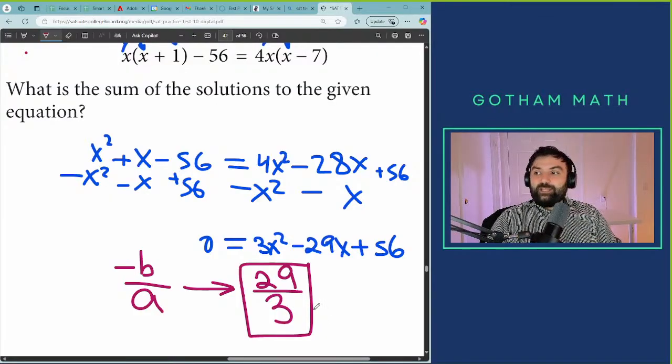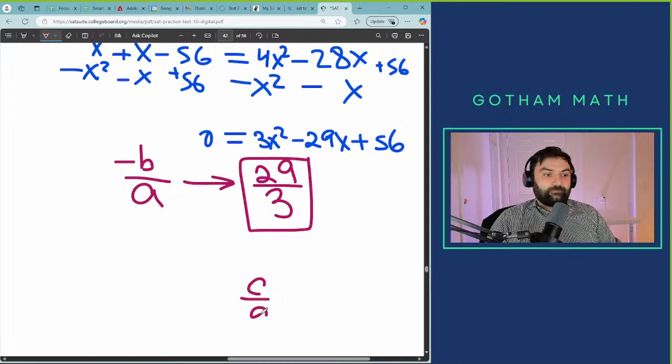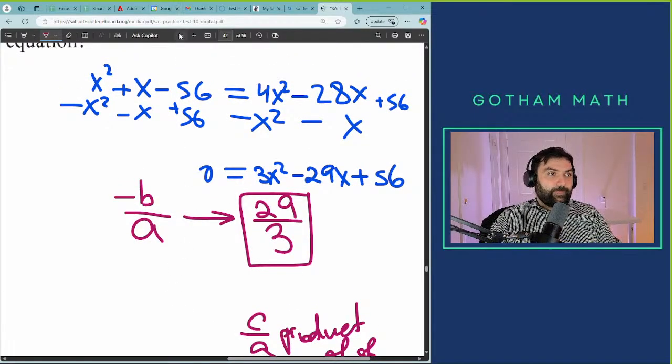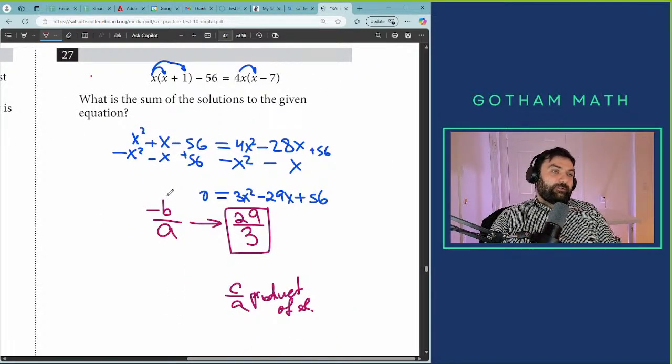By the way, if they said product of the solutions, it's c over a. That's the product of the solutions. So this is it. For number 27, it's crazy easy.